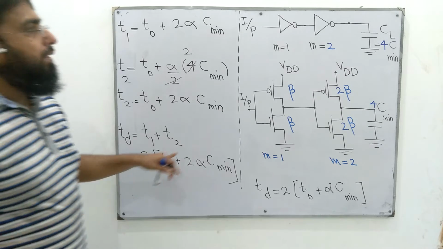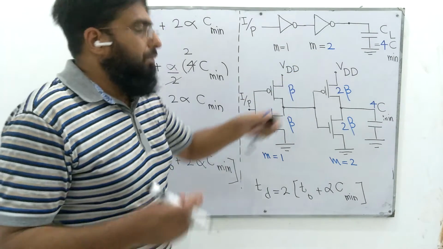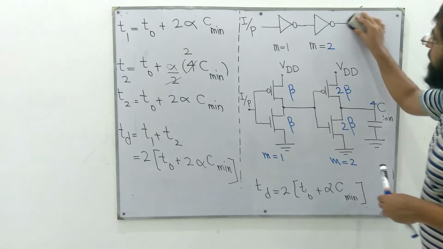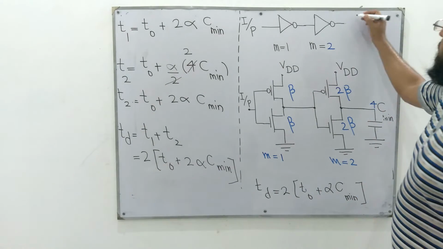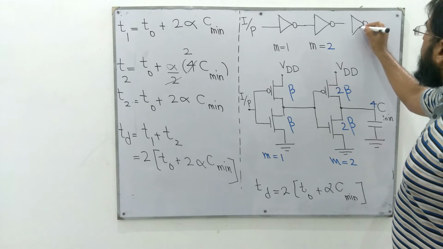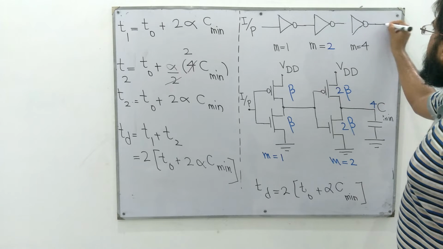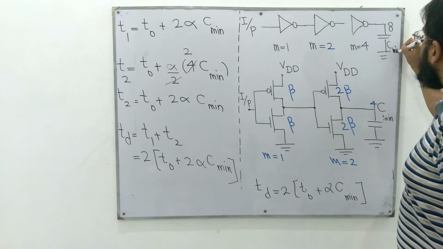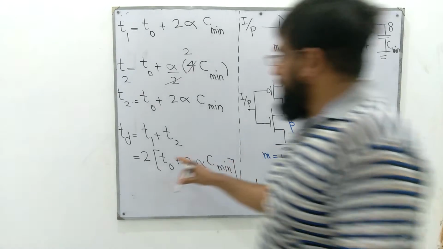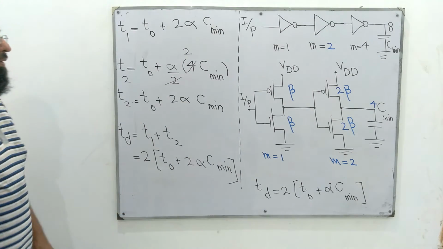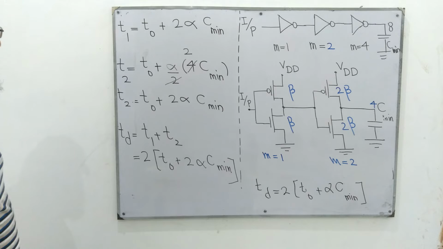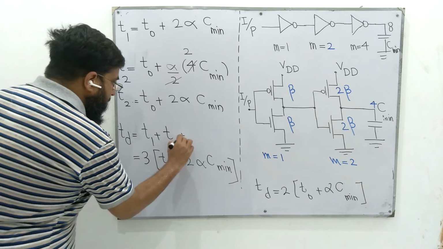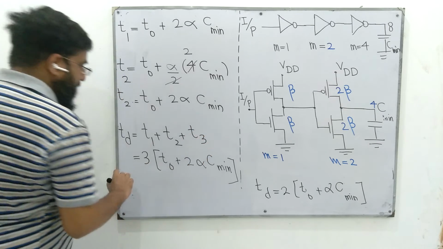If we have more gates in the chain, for example, one other gate which is also a NOT but with M equal to 4, driving a CL that is 8 times C minimum, this expression would be 3 times, because T3 would also be the same.